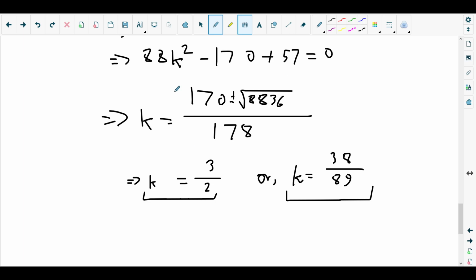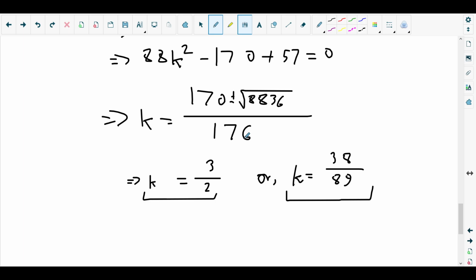So the value for k would be 3 over 2. The denominator is 176, because 160 plus 16 is 176.